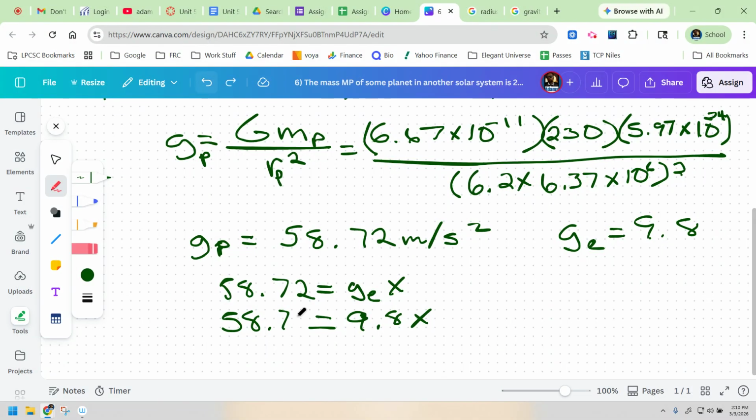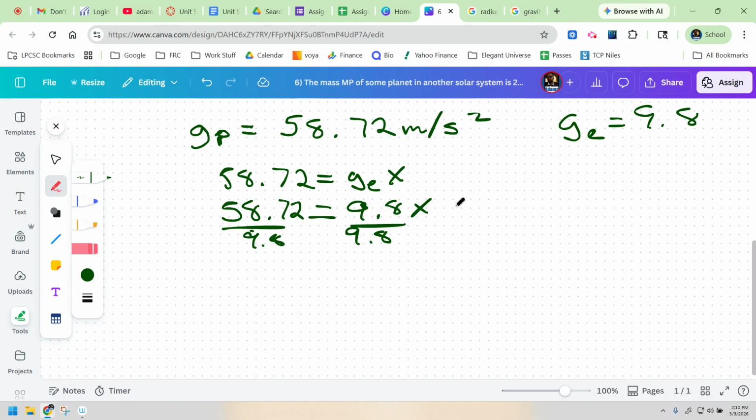So then we divide this by 9.8. Divide this by 9.8. And so if I go into my calculator and I take this 58.72, and I divide that by 9.8, I get 5.99.